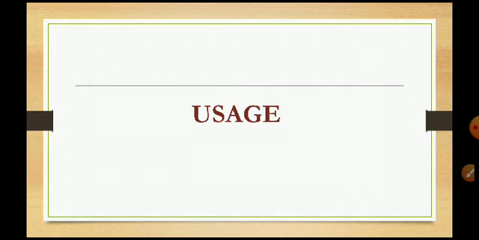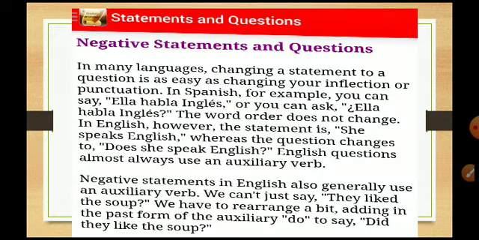So now we will go to the usage, how to use these different types of helping verbs. Negative statements and questions. First we will see how to use these auxiliary verbs in negative statements and questions. We see that in many languages, changing a statement to a question isn't as easy as changing your inflection or punctuation.